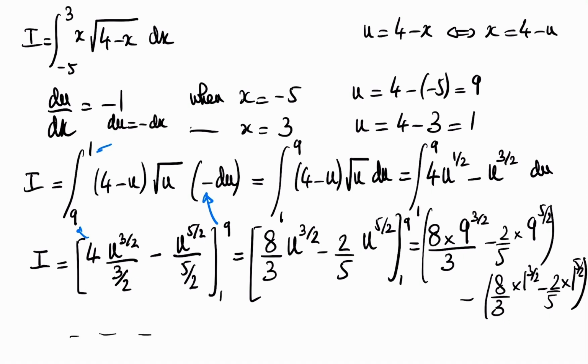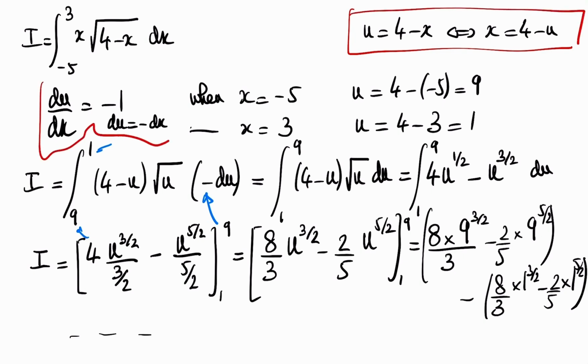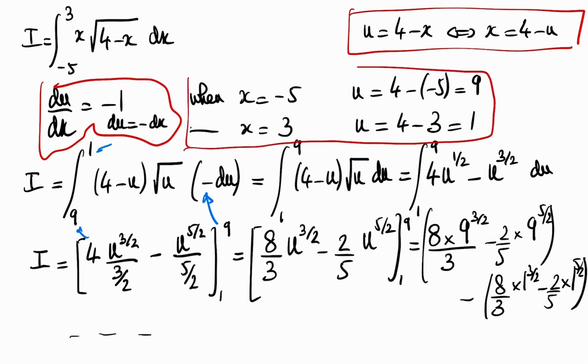You get the idea. It's just a bit of algebraic manipulation, but I've demonstrated the most important thing, which is how to calculate definite integrals using substitution. So, very important steps: once you have defined the substitution, you need to calculate du over dx to replace dx by the corresponding du, and super duper important, you need to change the boundaries of integration.